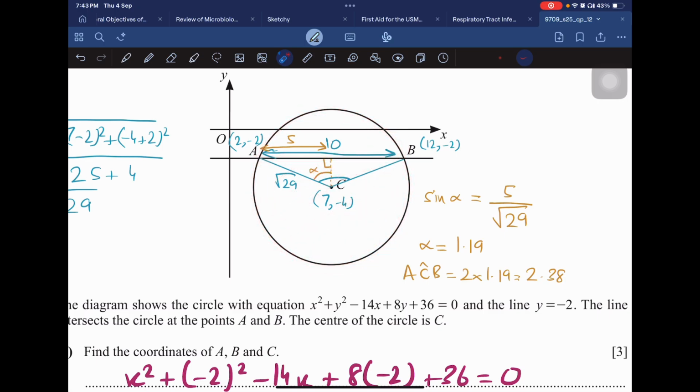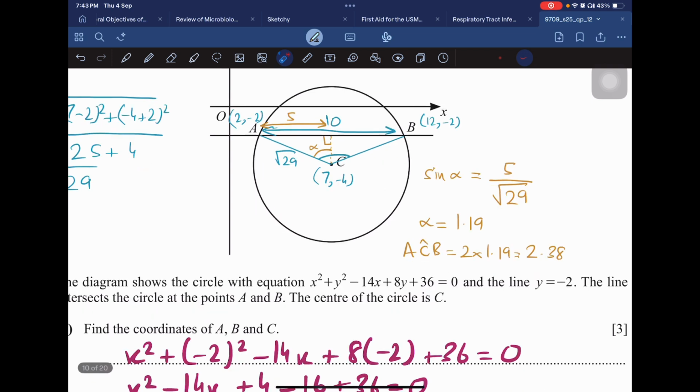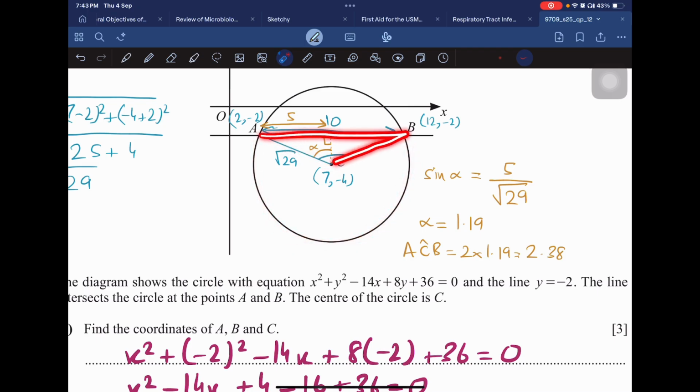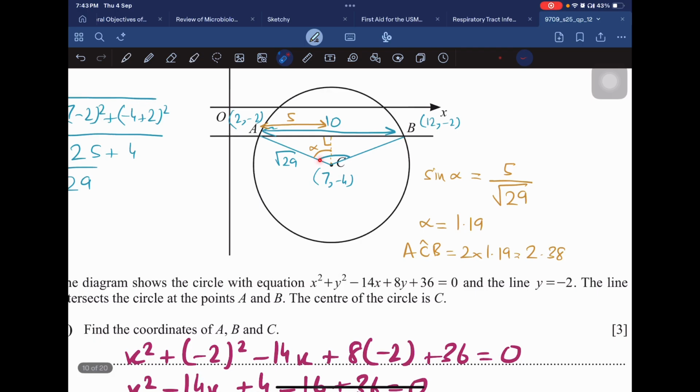Okay. So what we can do is that we find the area of the complete circle, we find the area of this sector. Okay. From the area of the sector, or in fact, we can find the area of this sector, all right, and add this triangle to that. Okay. So we know that this angle is 2.38.